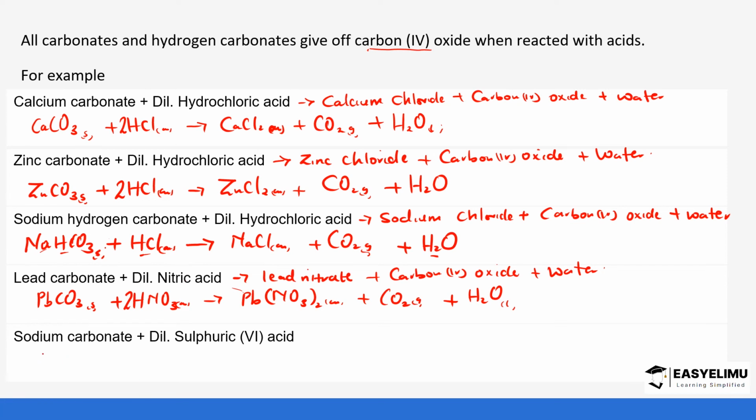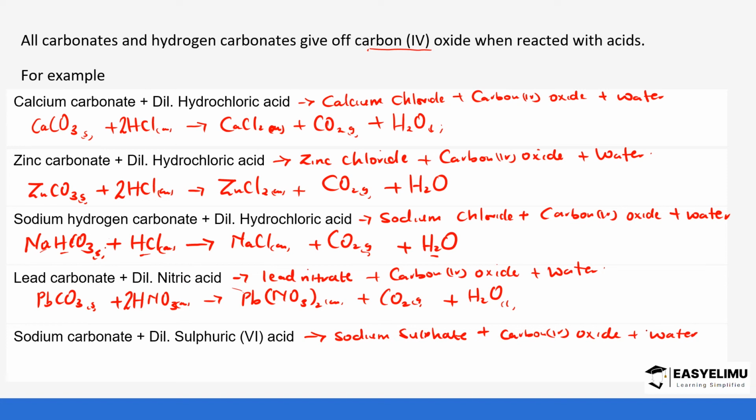Then finally, sodium carbonate plus dilute sulfuric acid will give us sodium sulfate plus carbon dioxide plus water.